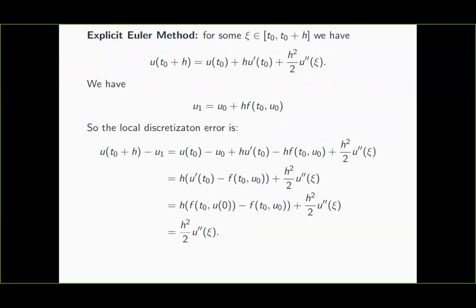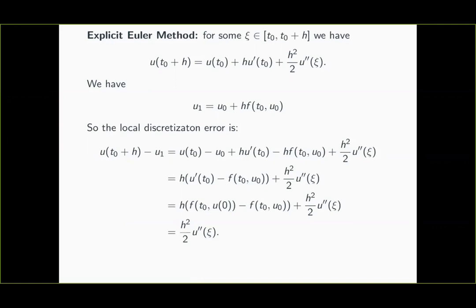Then we can use the Taylor polynomial of first degree and the Taylor approximation theorem, which shows us that there exists a number xi between t0 and t0 plus h, such that u at t0 plus h is the same as u of t0 plus h times u prime of t0 plus h squared over 2 times u prime prime of xi. That's a Taylor development for the function u around t0.